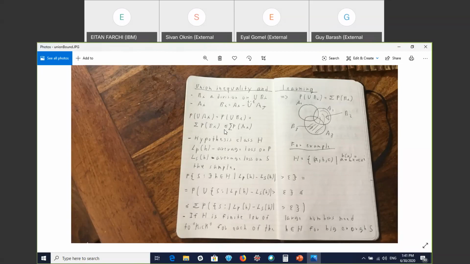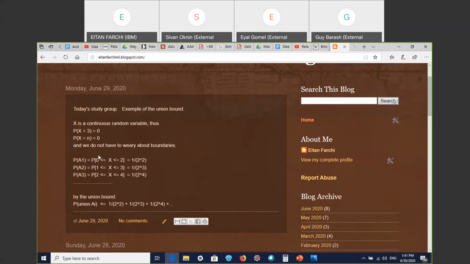Just to give you an example of what we're talking about, say we have a variable x which is continuous, and we have overlapping events. One is that the values of x fall between 0 and 2, and the other is that the values fall between 1 and 3. So 0 to 2 and 1 to 3 are overlapping.